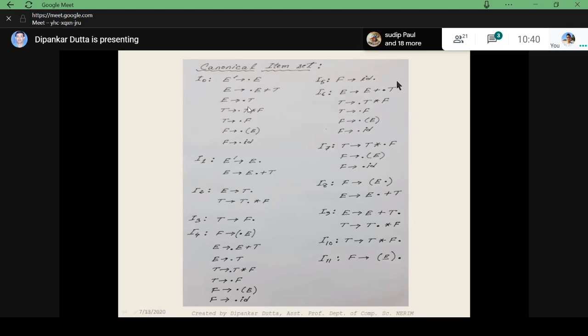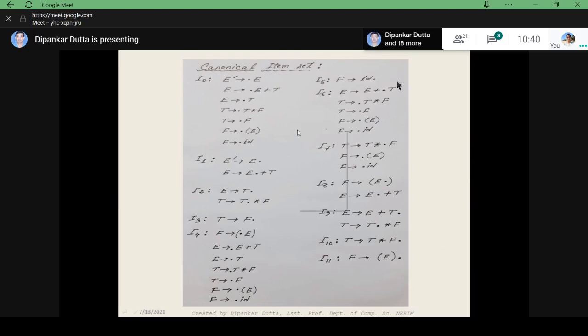In these item sets, you have seen that in some productions the dot is followed by a non-terminal, and in some cases the dot is followed by a terminal.